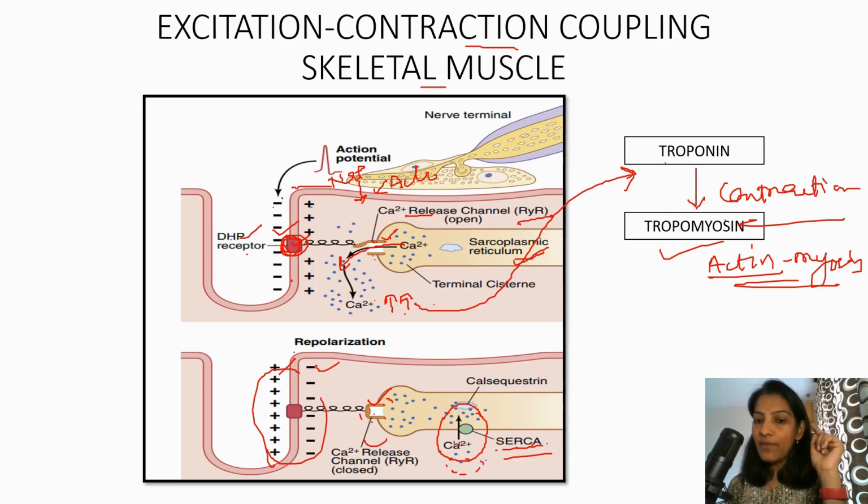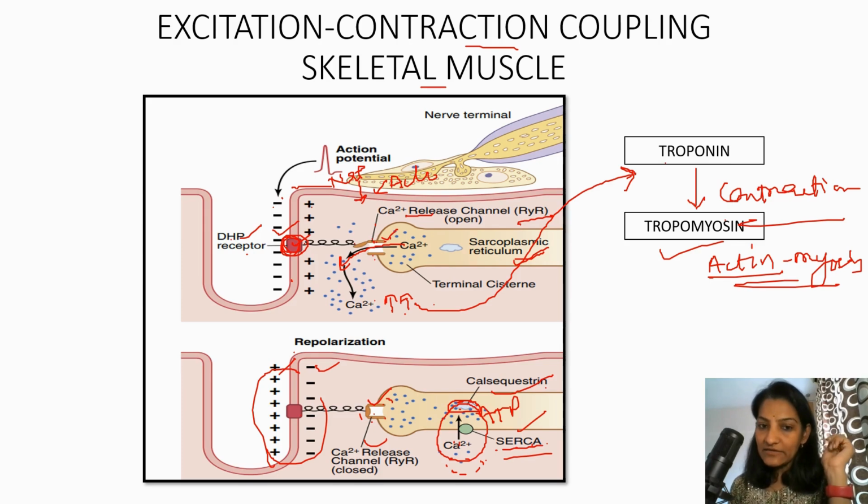It will be taken back with the utilization of ATP into the sarcoplasmic reticulum. Here in the sarcoplasmic reticulum, there is one more protein which is called calsequestrin. This calsequestrin has very high affinity for calcium ion, and it keeps the calcium ion bound with it once it is present in the sarcoplasmic reticulum.